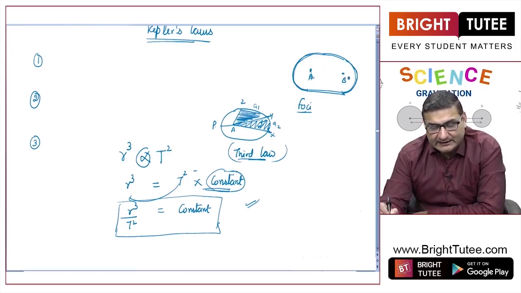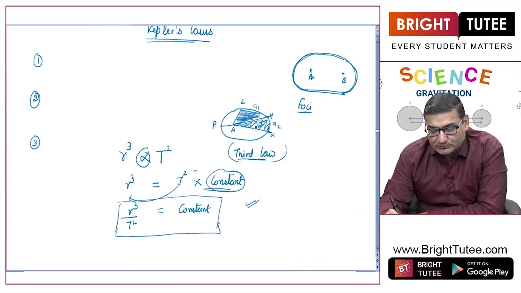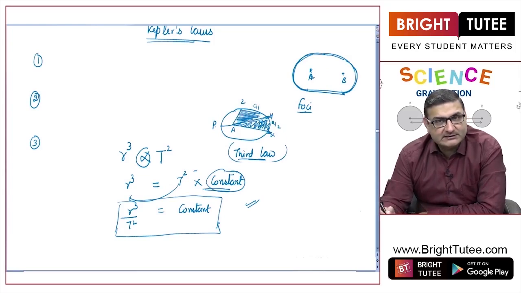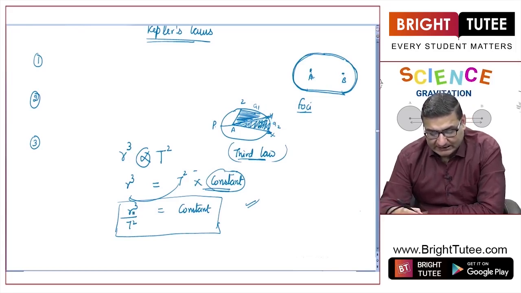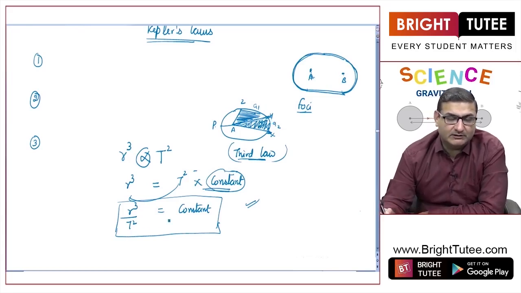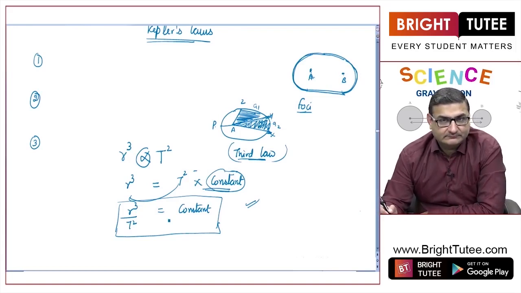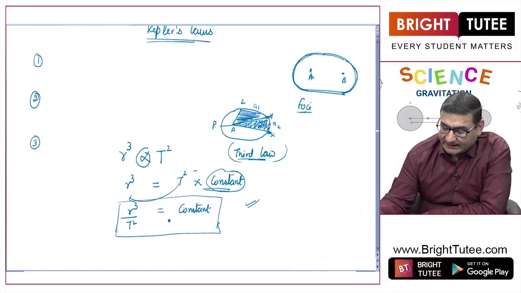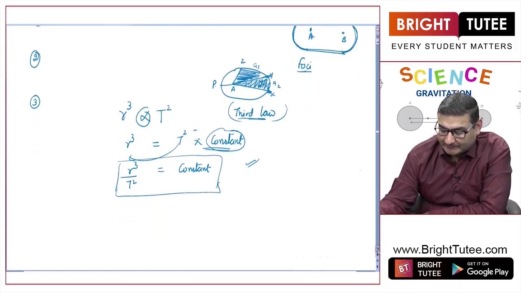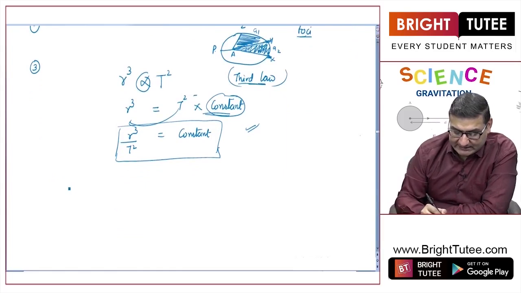Second law, he stated that the area swept by the planet in moving from one point to another is always equal for equal times. Third, he said that r cube upon t square is equal to a constant. Got it? Now, let us relate one quite important thing, and that important thing is the inverse square rule.